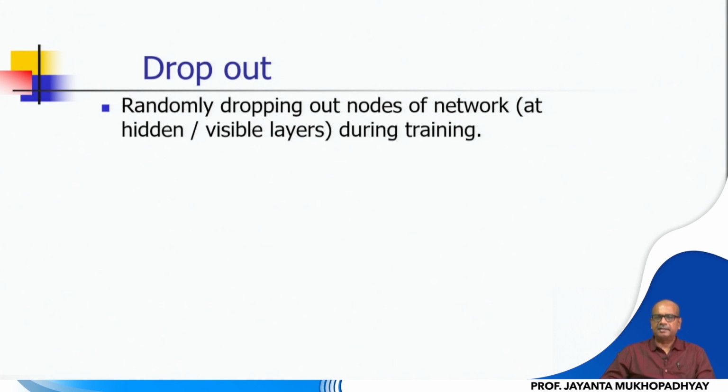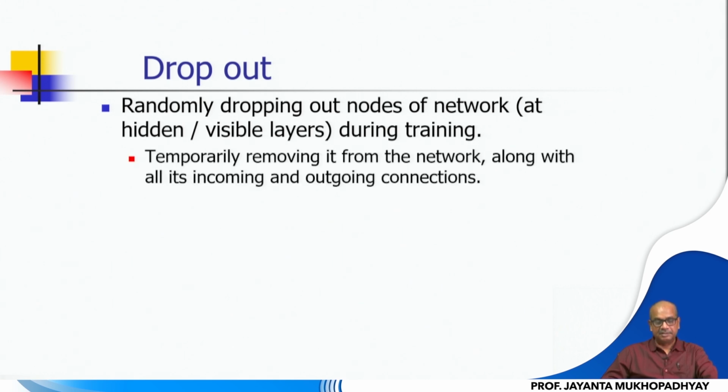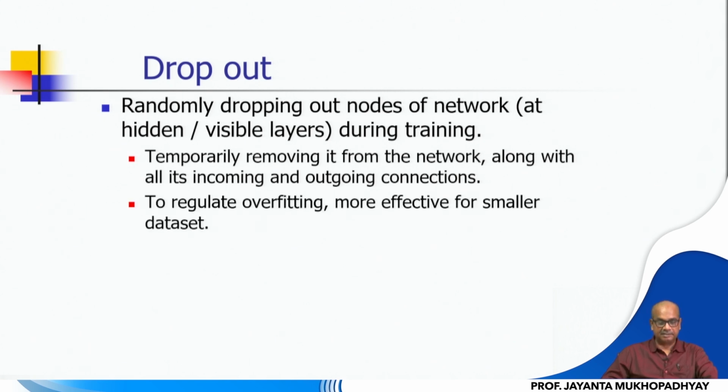To handle that, while training itself, we randomly drop some of the nodes and train the network to get as good as possible. So we temporarily remove a node from the network along with all its incoming and outgoing connections. And to regulate overfitting, that means you set the incoming input as 0 there and don't update them in that forward processing. That's what you do.